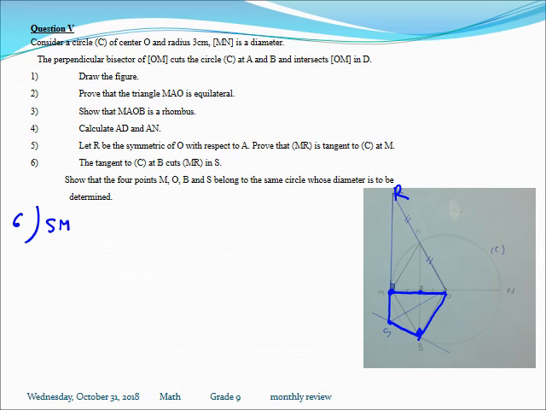So SMO equals 90 degrees, SBO equals 90 degrees, tangents.